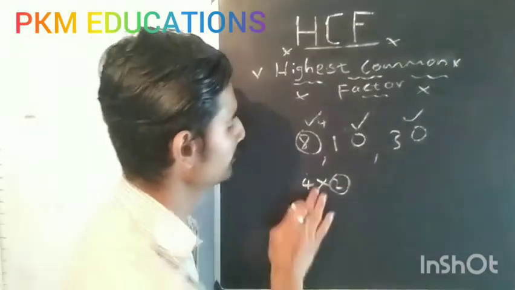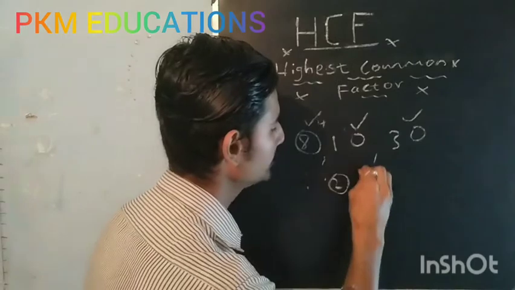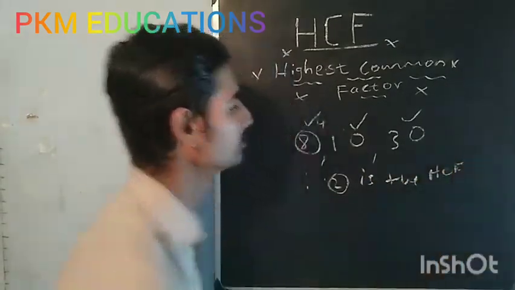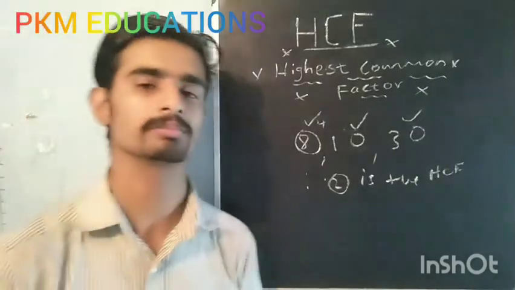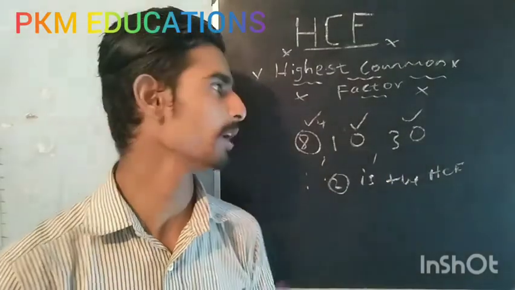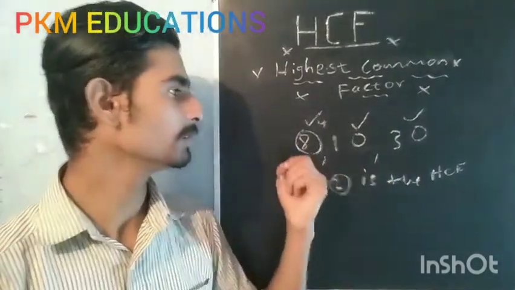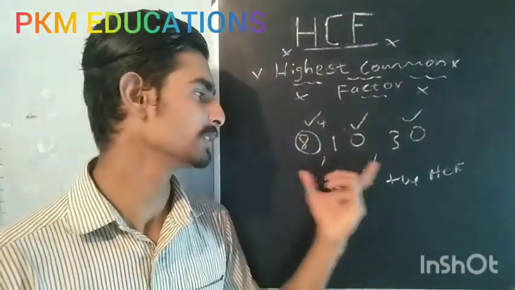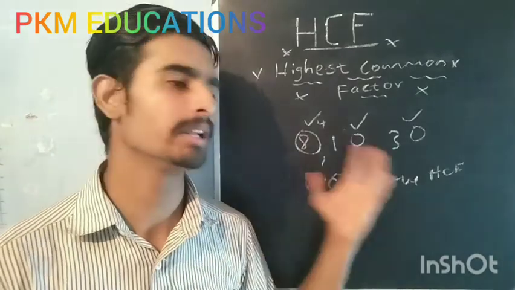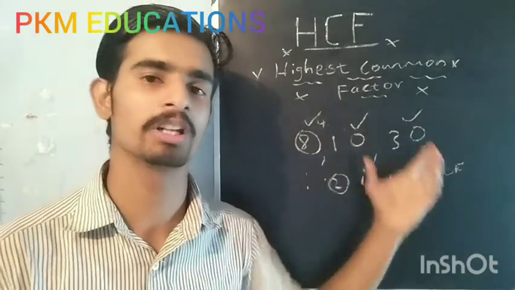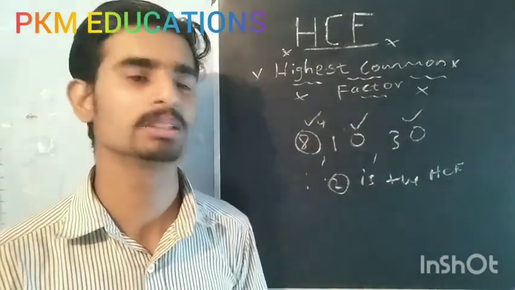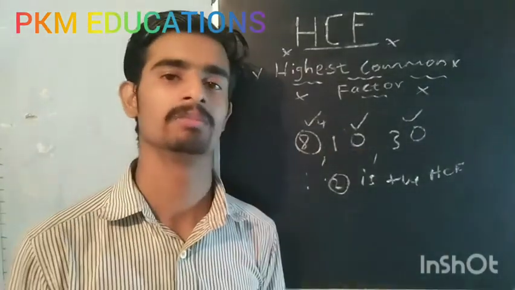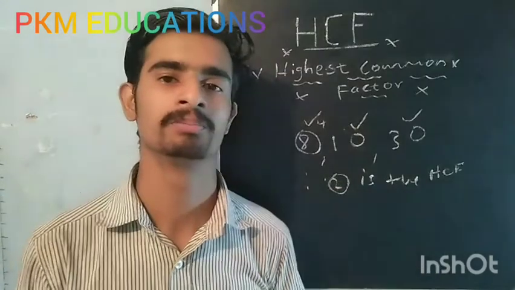Then we can say 2 is the HCF of these numbers. This is the simple method of finding HCF. You can use this method in your exams like PSC exam, HSC exam, GATE exam, or another quantitative aptitude exam. This is the simplest method to find HCF.